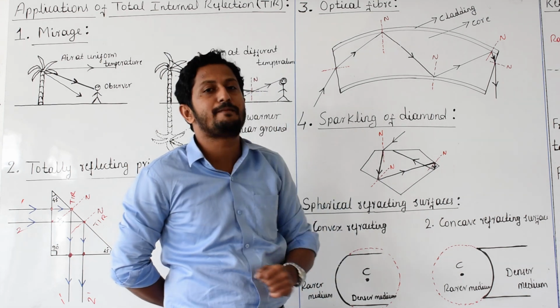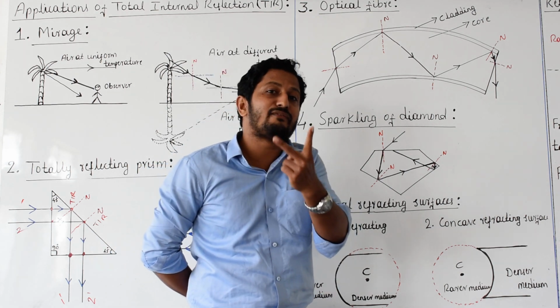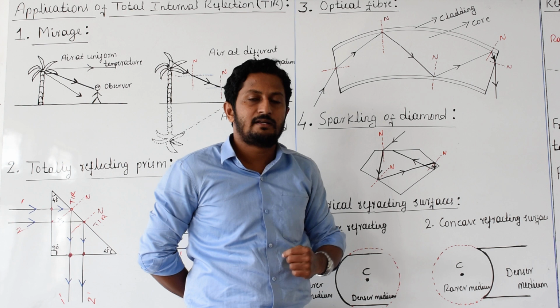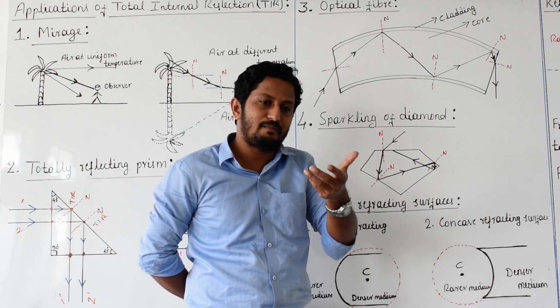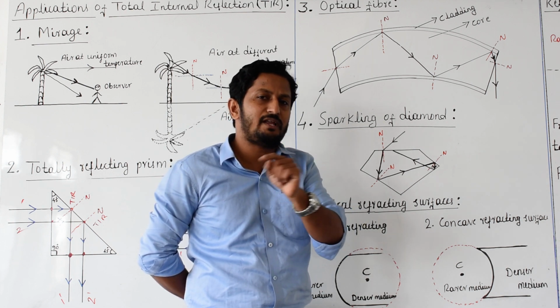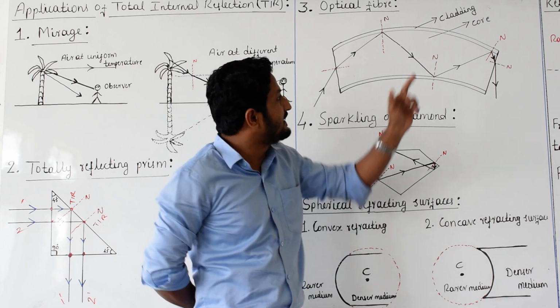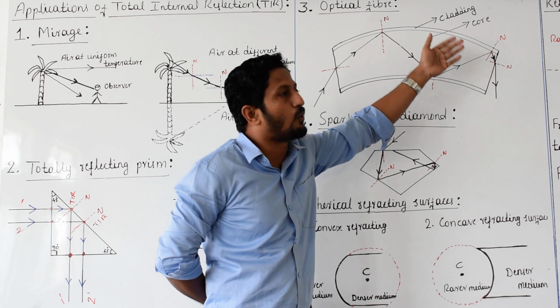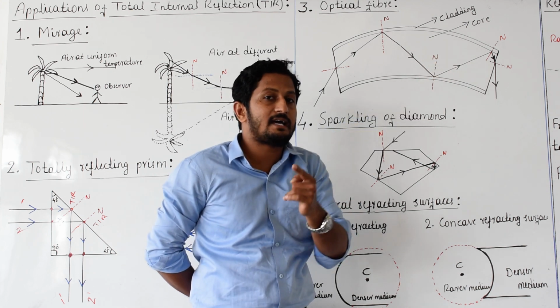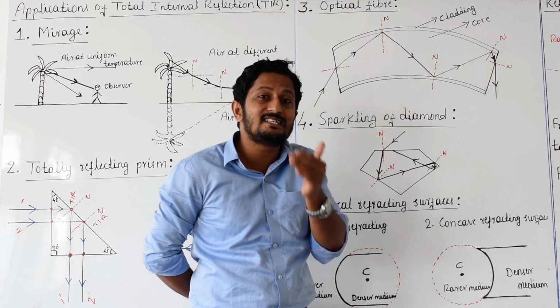Yes, see, it is very important. They are different media, I said. See, there is a very important arrangement here inside. The inner medium, which we call the core, has more density.